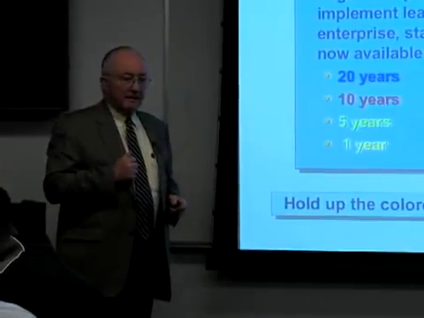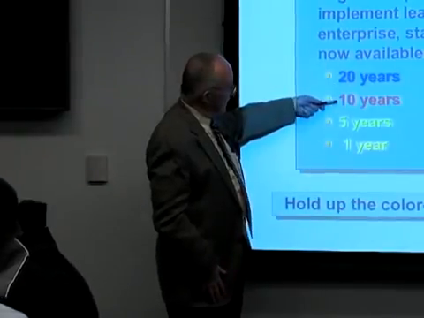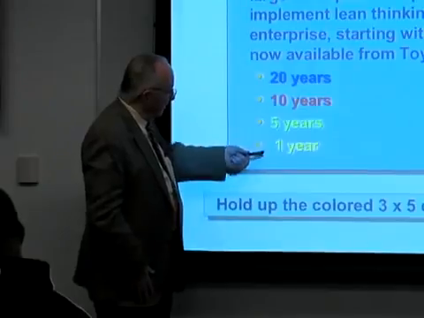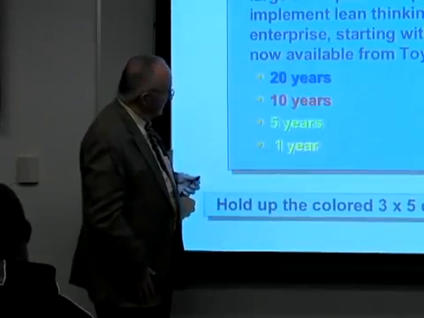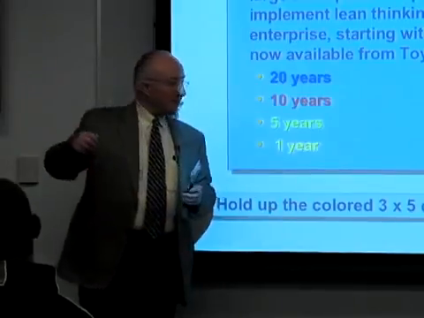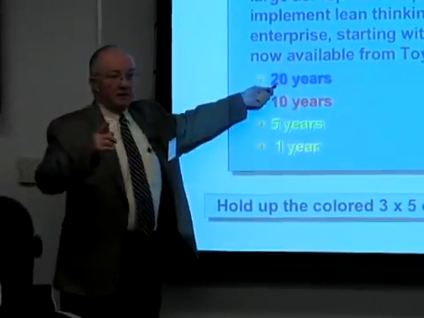There's a blue card for 20 years, a red card for 10, green for 5, and yellow. How long do you think it would take a large aerospace company to implement lean across their enterprise? Just hold up the card.